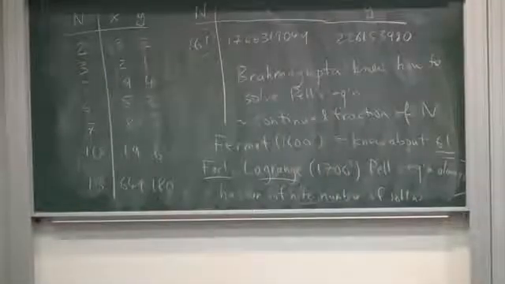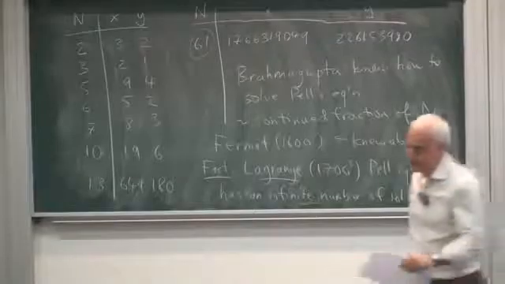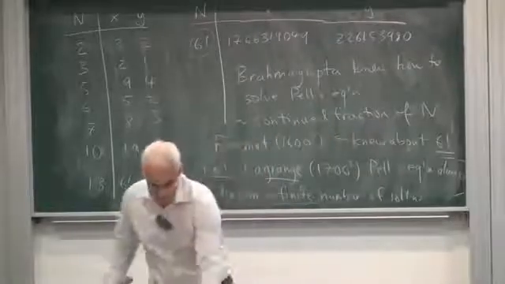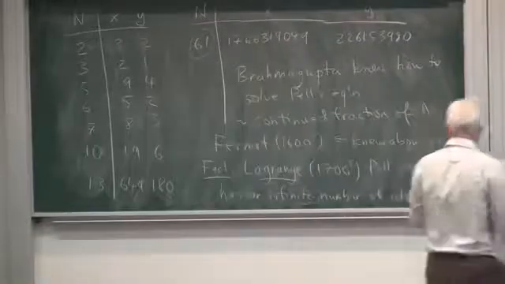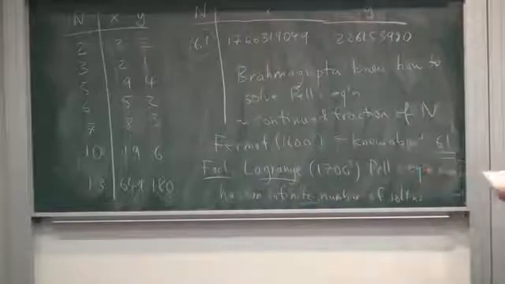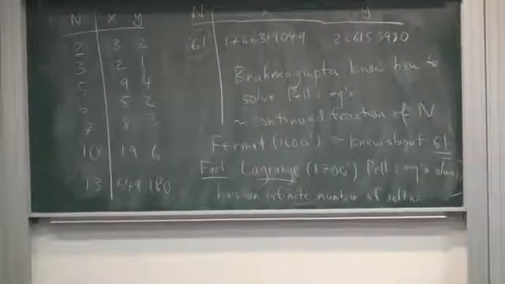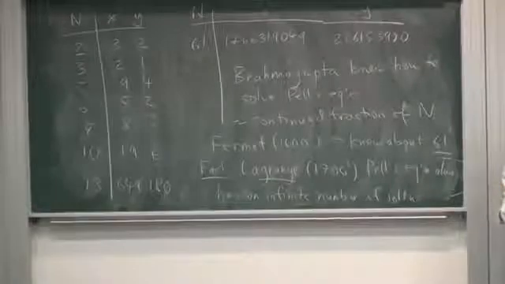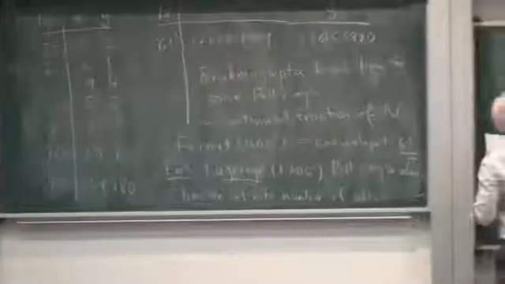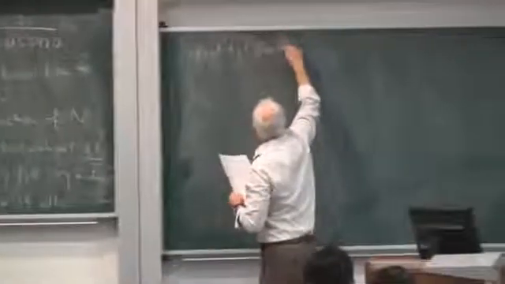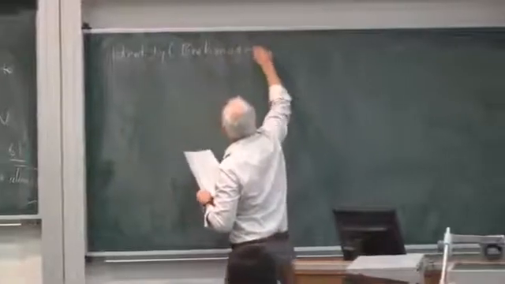So I want to tell you about an important identity that Brahmagupta discovered that's sort of a key to understanding some aspect of this. So here's an identity that goes back to Brahmagupta. What is it?